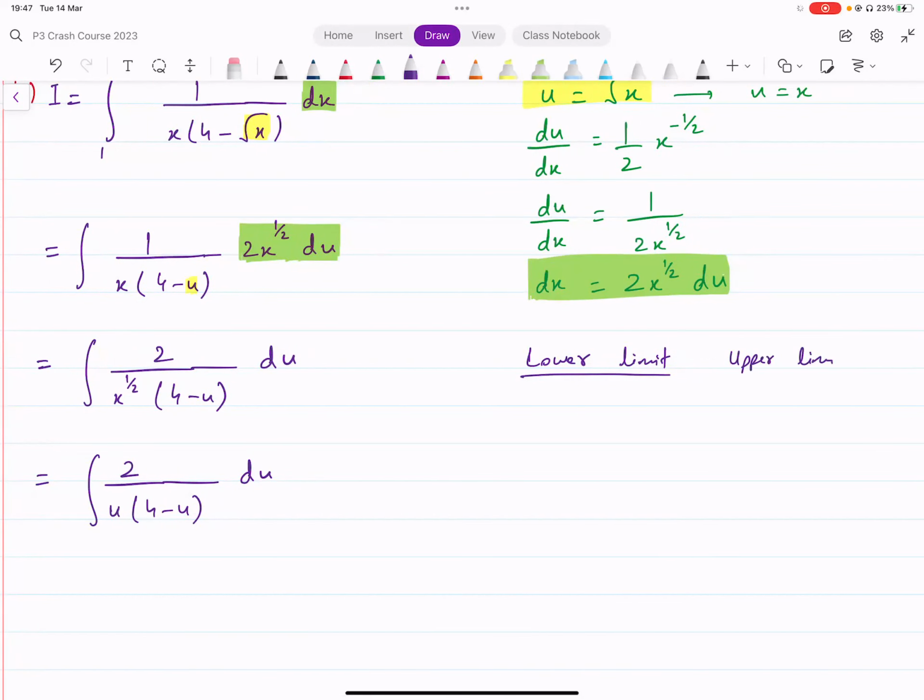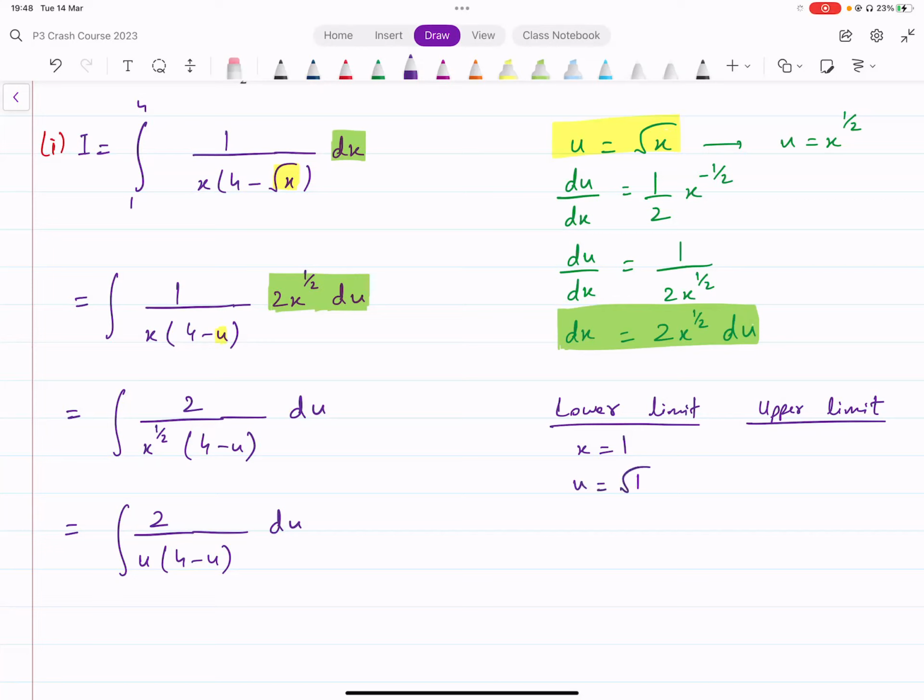What is your original lower limit? The original lower limit is x equal to 1. You convert it to something in terms of u. u is square root of x. That's the equation that connects u and x. What is going to be the corresponding value for u here? u equals square root of 1, which is just u equal to 1.